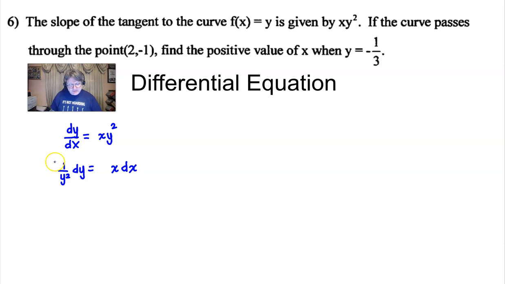Now what you need to do is take the antiderivative of both sides. That's going to get rid of all those dy dx things. What we're eventually going to want here is an equation for y. When you take the antiderivative of y to the -2, we write it as y to the -2 power so that we can integrate it better, and we get y to the -1 over -1, of course.